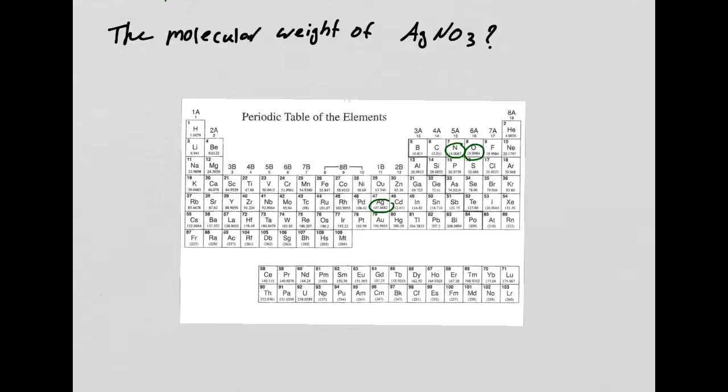If you do that, the answer you get in this problem is 169.87 grams per mole. So that's how you would do molecular weight. You would add up all the atoms together, and then write down the molecular weight. So far, so good. Okay, ready for the next one?